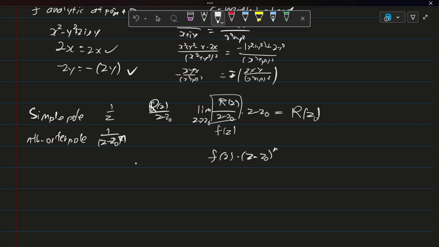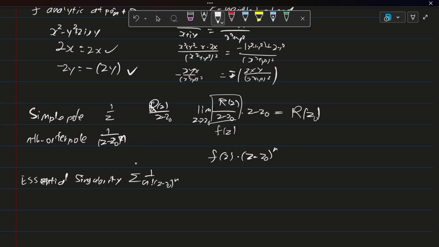But there are also some other poles which actually go to an indefinite value pretty fast, which is something which you call the essential singularity. So this is where, for example, you could take the sum of 1 over n factorial times z minus z0 to the power of n.